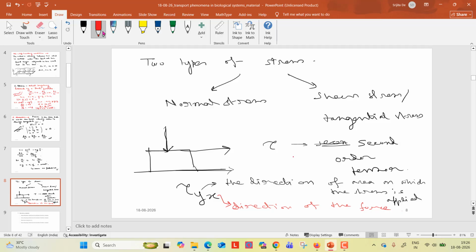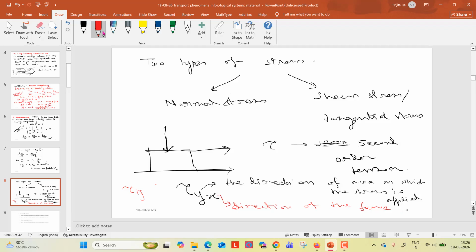so it is the area direction. Why? Suppose there is tau ij. So this i component is decided based on which area the force is applied, and the j component, which is the x here, will be decided by in which direction the force is applied.